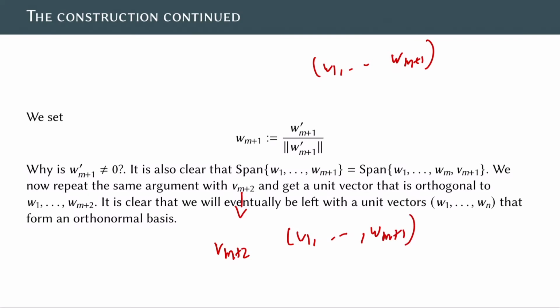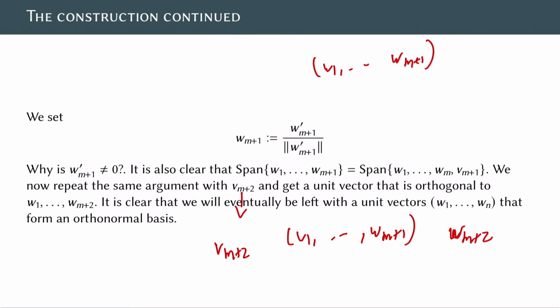We will make it orthogonal to W1 to Wm plus 1 by the same Gram Schmidt procedure. And we will get a vector Wm plus 2, which is a unit vector and which is orthogonal to all the preceding vectors W1 to Wm plus 1, and span of W1 to Wm plus 2 will be the same as span of W1 to Wm, Vm plus 1 and Vm plus 2.